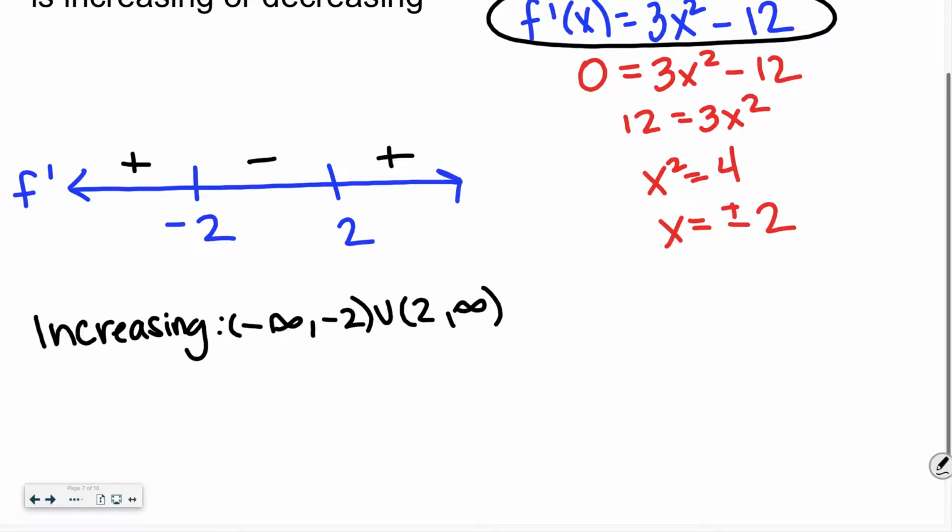We know that from -2 to 2, our derivative is negative. And if our derivative is negative, we know that our function is decreasing. That is all you have to do today.